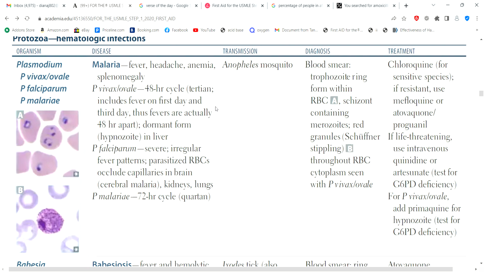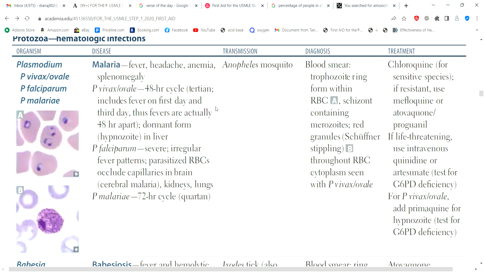For P. vivax and ovale, add primaquine for hypnozoite.